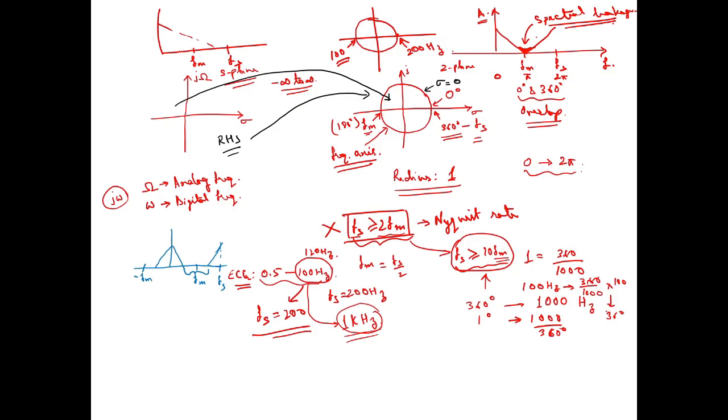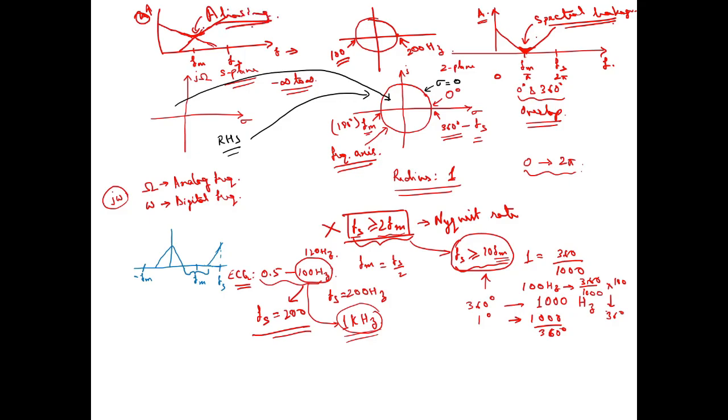Again, it will repeat somewhere like this. So when we are not following this, there is a mixing up of the frequency components, and this is called aliasing.